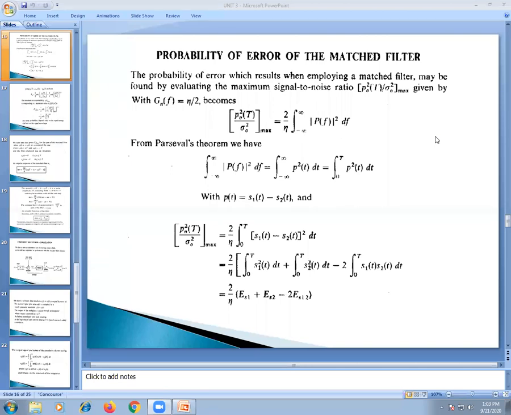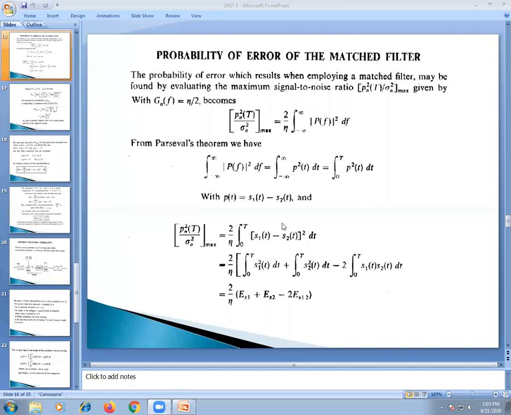That ratio is known as the optimum filter. That ratio being maximum is known as the matched filter. When both are equal, the maximum factor occurs. So P naught of t whole square by sigma naught square being maximum is known as the matched filter.